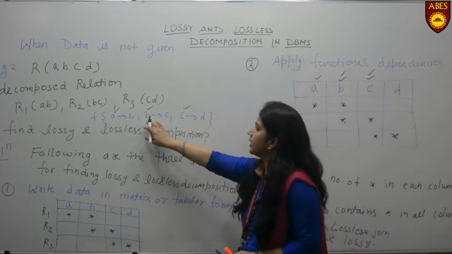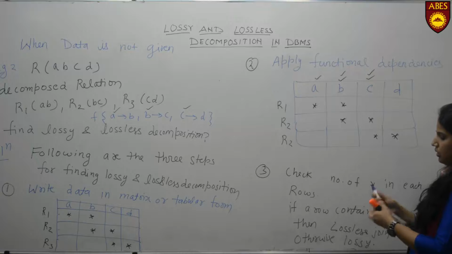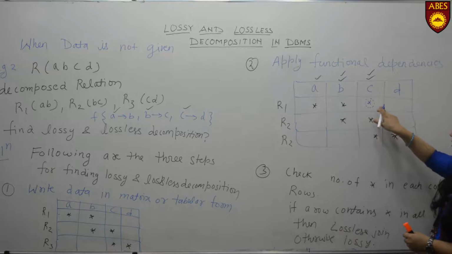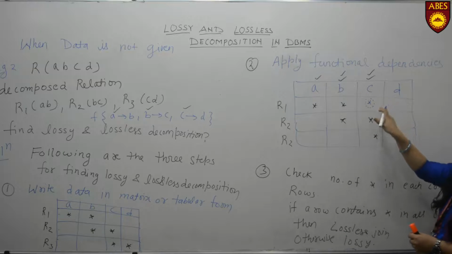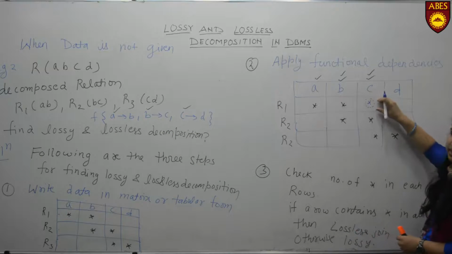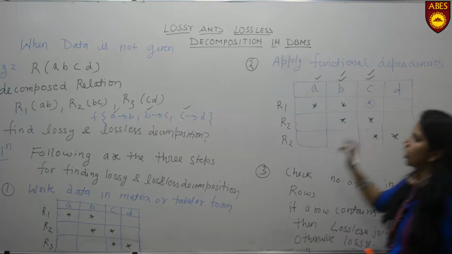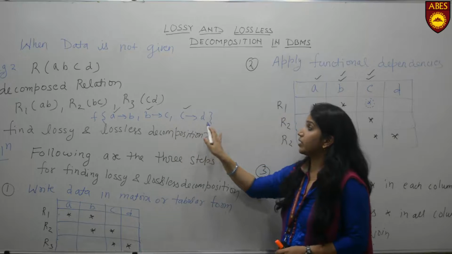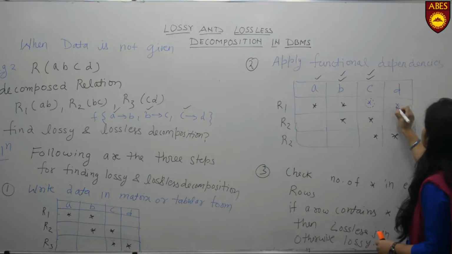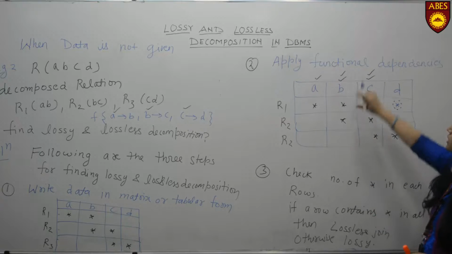So we will take the next functional dependency, B tends to C. Here B is deriving C, so I have put a star in this column, because B is the determinant and C is dependent on B. So when we have B, we can automatically derive C. This is the direct dependency, and after deriving C, we can also derive D, because C derives D. B derives C directly, but indirectly we can derive D by having B. So we will put a star here also, and the entries for applying the functional dependency for this determinant are completed.